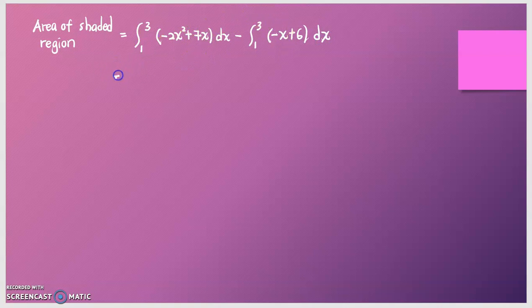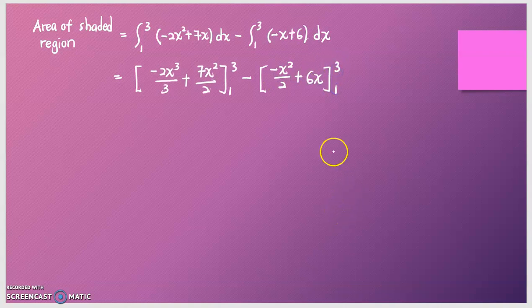So next we will try to integrate. So integrate negative 2x squared, increase the index by 1. So it will become negative 2x cubed over 3 plus, increase the index by 1, 7x squared over 2 from 1 to 3, minus integrate again, increase the index by 1. So it will become x squared over 2 plus 6x from 1 to 3. Next, we will try to substitute the values.